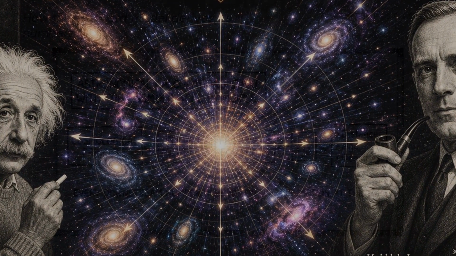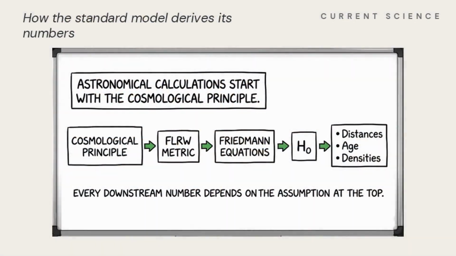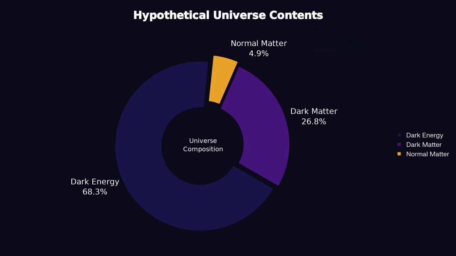From it, a derivation chain follows. The FLRW metric yields the Friedman equations. The Friedman equations produce the Hubble parameter, H0. From H0, every other derived quantity follows: co-moving distances, look-back times, the 13.8 billion year age of the universe, and the density parameters that divide the total energy budget, hypothetically, into approximately 5% ordinary matter, 27% dark matter, and 68% dark energy.